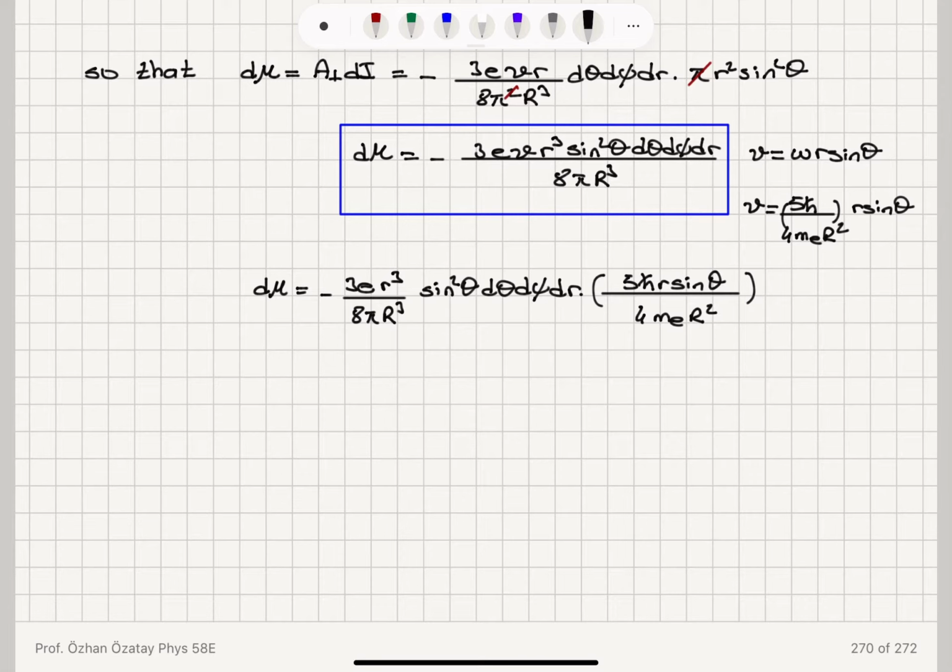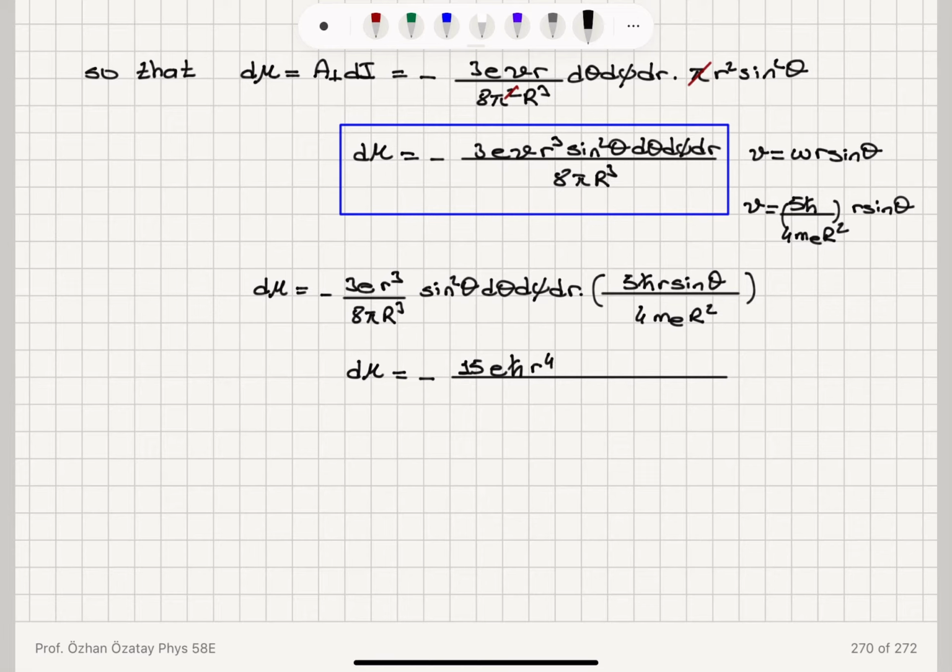So this gives us a d mu minus, now 3 times 5 will give us a 15. So first we have a 15, then we have the electron charge e, then we have this h bar, and r cubed multiplied with r will give us r to the fourth power.